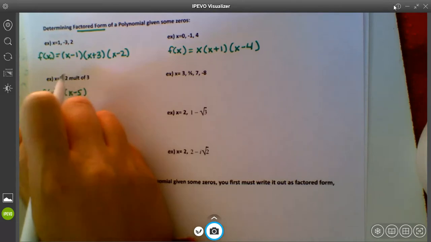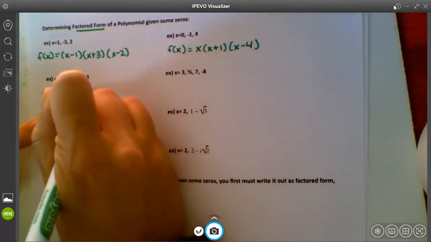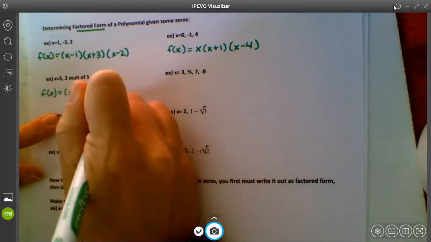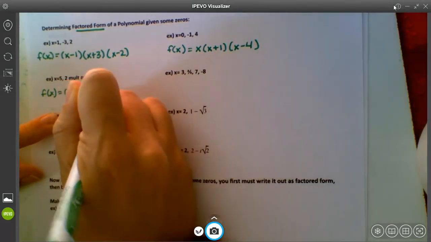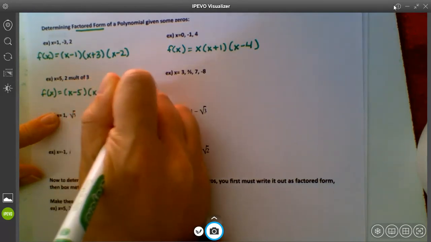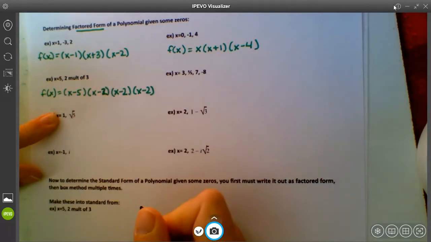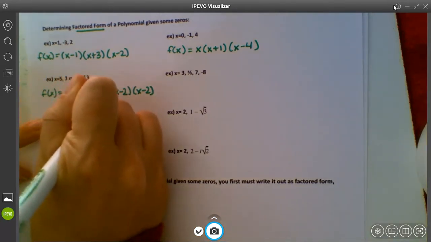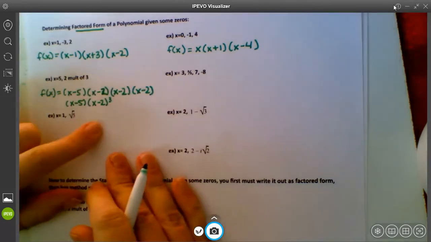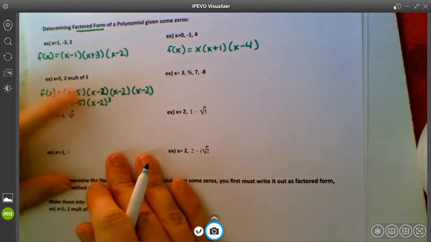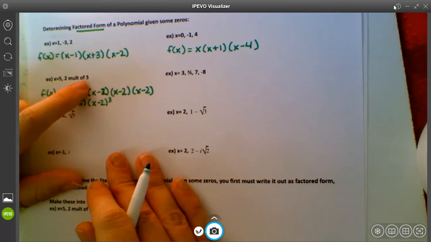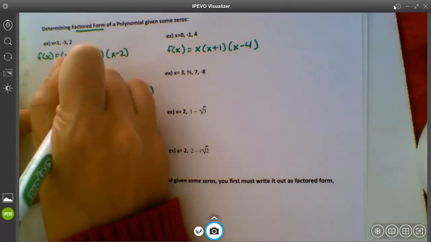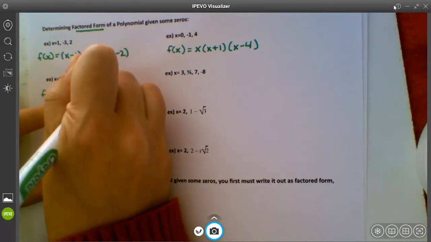That means there's 3 2's being zeros, which means there's 3 x minus 2's. Notice how none of these factors is x minus 3. Just because it's a multiplicity of 3, 3 isn't a 0. It's just saying 2 is written out 3 times.